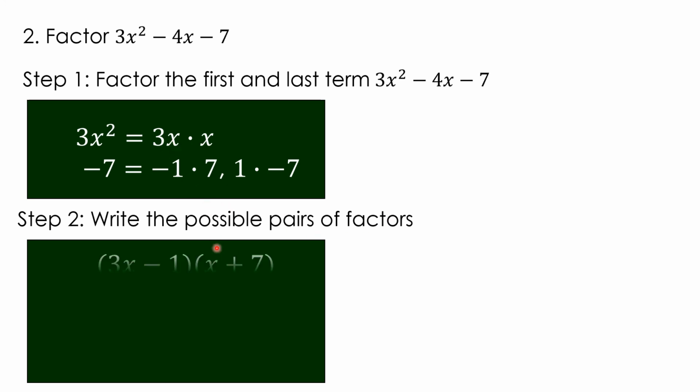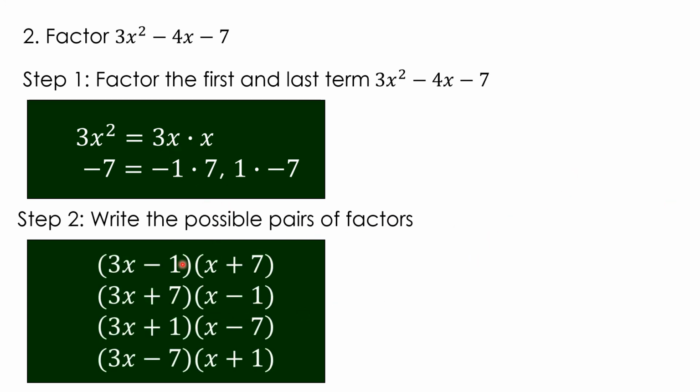So we have here four possible pairs. That is 3x minus 1, and then the quantity of x plus 7, and then you also try 3x plus 7 times the quantity of x minus 1, and also 3x plus 1 times the quantity of x minus 7.